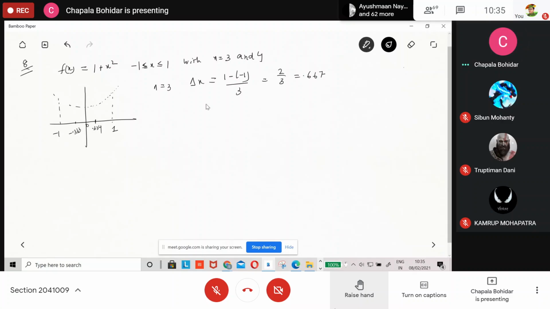Minus 0.333 plus 0.667, we get 0.334. Clear? Then 0.334 plus this value, we get 1. Clear?